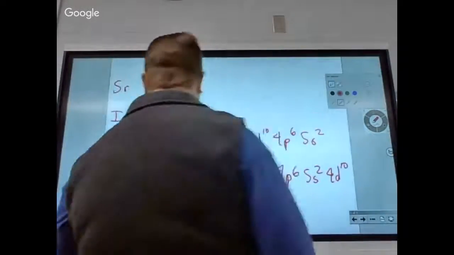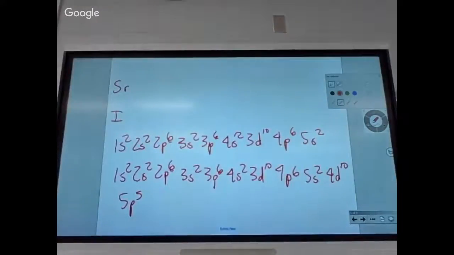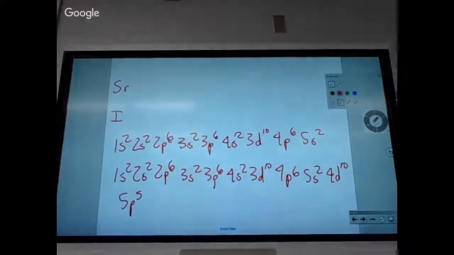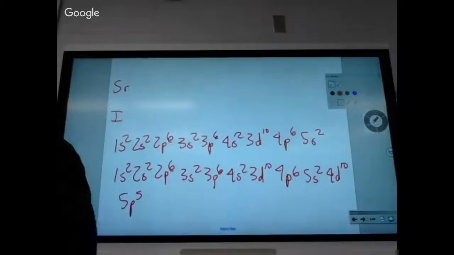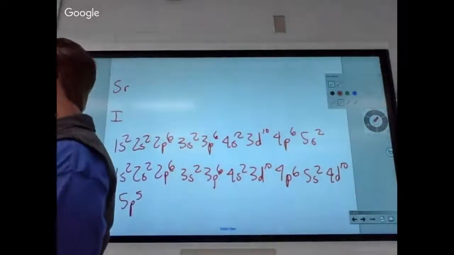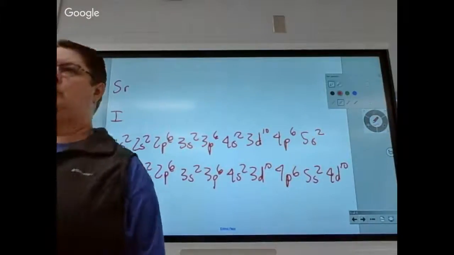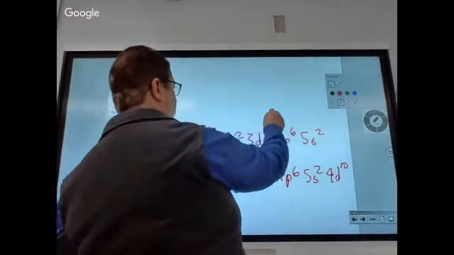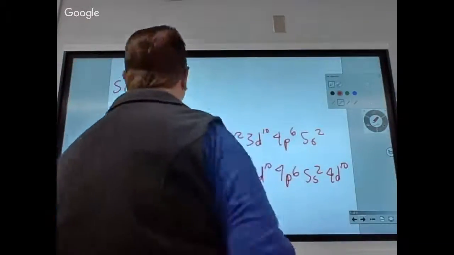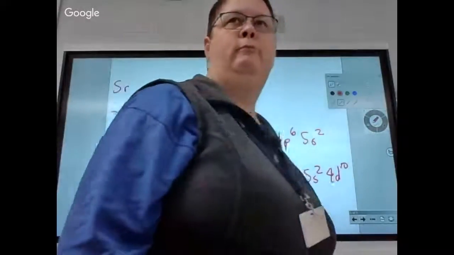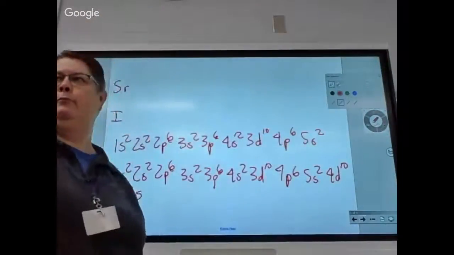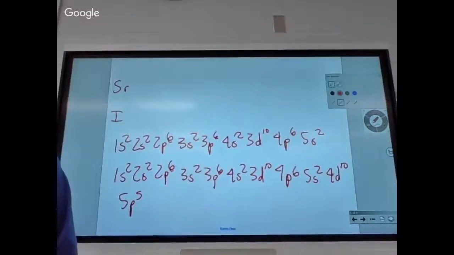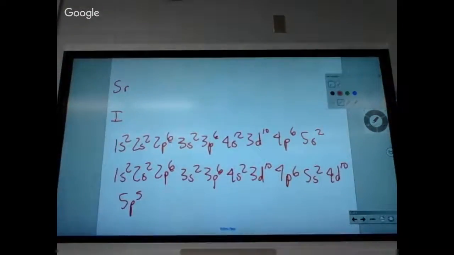On the first one, I put 4p2 and I stopped. No. Because 4p2 would put us at GE. That'd be 32 electrons, because that would be 2, 4, 10, 12, 18, 20, 30. 4p2 would be 32. And we need 38.